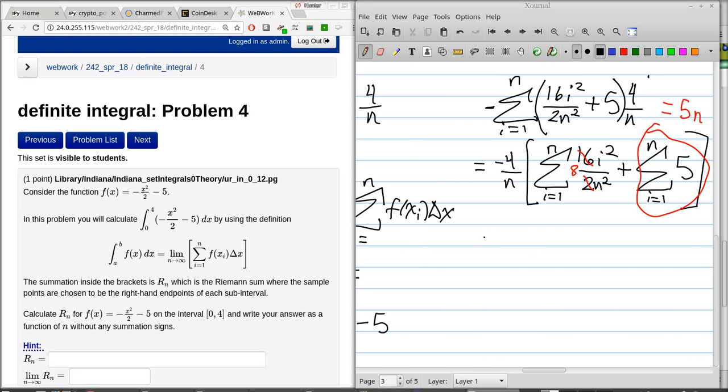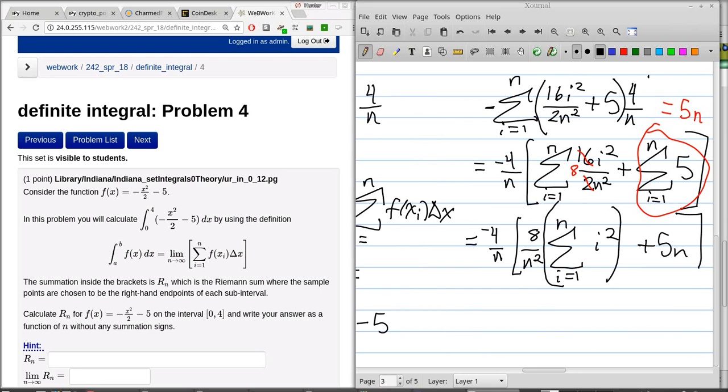So let's flip that around a little bit. Now we've got minus 4 over n. And inside the brackets, what's left to come out? An 8 can come out, and an n squared on the bottom. And we've got the sum of i squareds. Man, I hate that formula. i equals 1 to n, plus 5n is already done over here. So this sum is not part of that 5n thing.